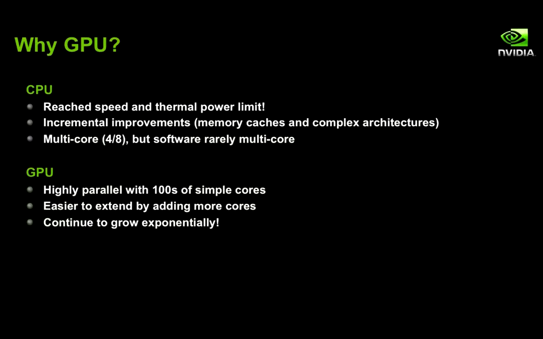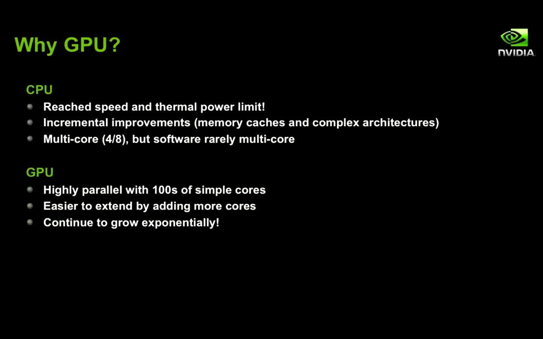GPUs, on the other hand, have very rapidly been developing. The idea for the GPUs is that instead of having more complex cores, you have many hundreds of smaller, simpler cores on which you can do a number of jobs together in parallel. And they're fairly easy to extend or make more powerful simply by increasing the number of the simple cores.